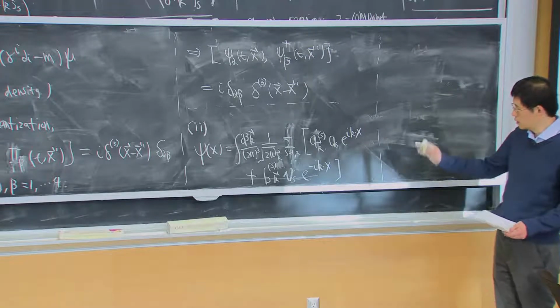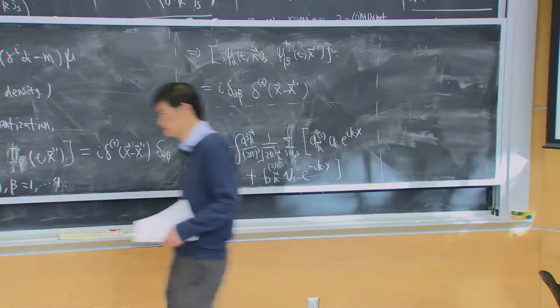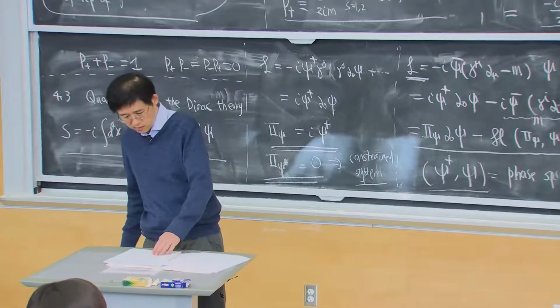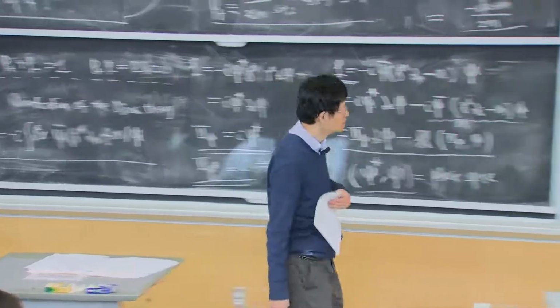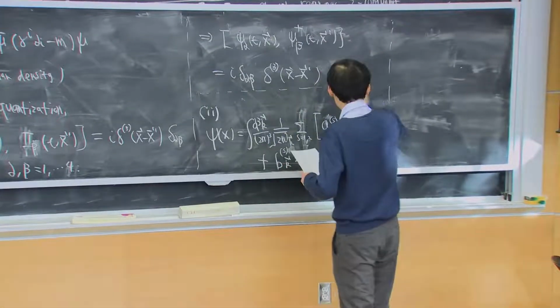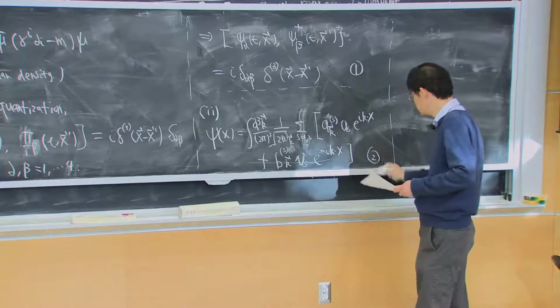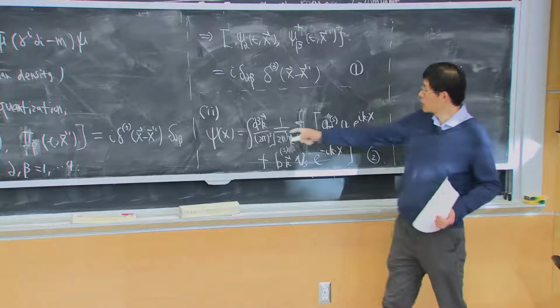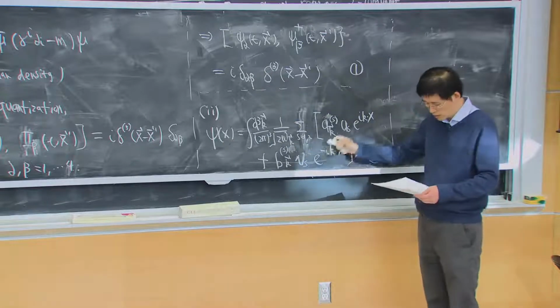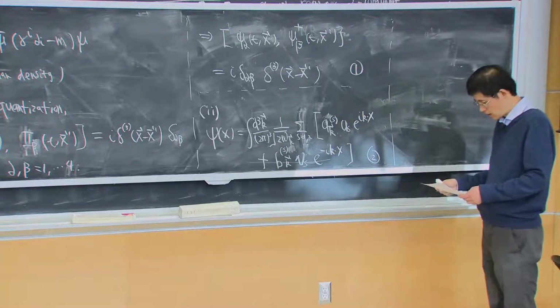Now you can just plug this in. If this equation is 1 and this equation is 2, and you take the complex conjugate, you can plug 2 into 1 to find the commutation relation between a and b.